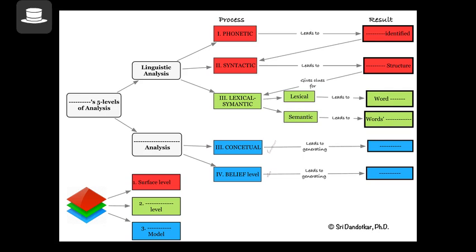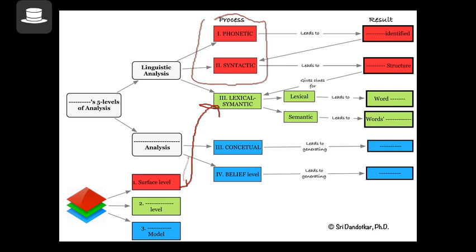Now, the surface level, as you know, incorporates the syntactic structure and also the meaning. So it's not exactly just red, but red is unique to it. It identifies words and has a syntactic structure, but the surface level also has a lexical and semantic aspect to it.